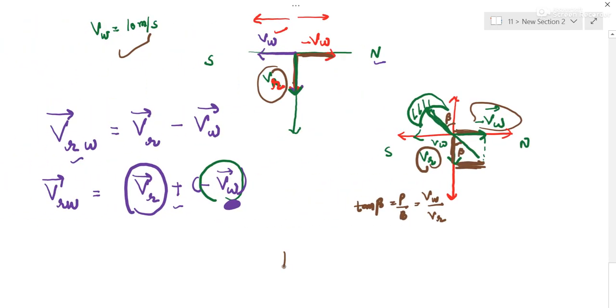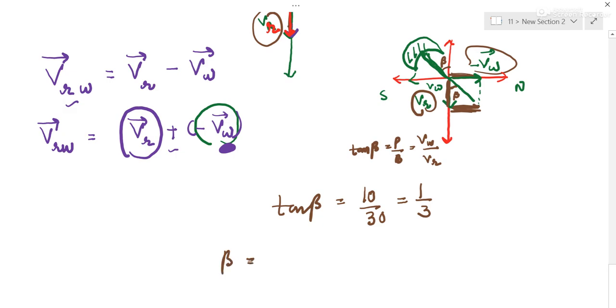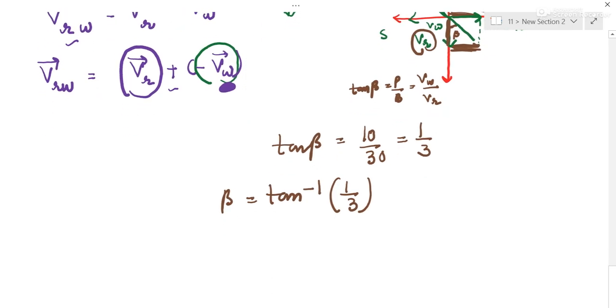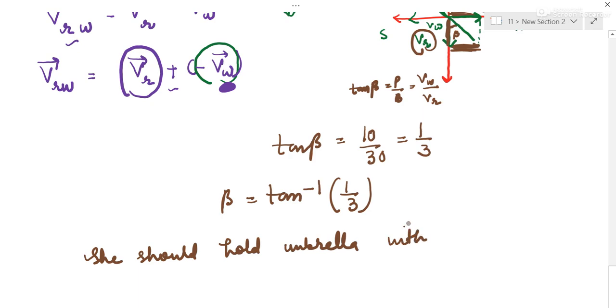So my tangent beta would be equal to 10 by 30, that is 1 by 3. So tangent beta is equal to 1 by 3, so beta is equal to tangent inverse of 1 by 3. So she should hold the umbrella along this, with this much angle, with beta equal to this.